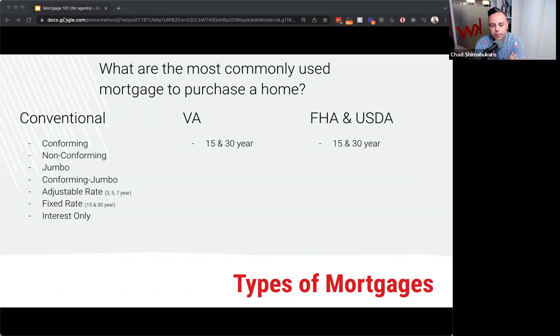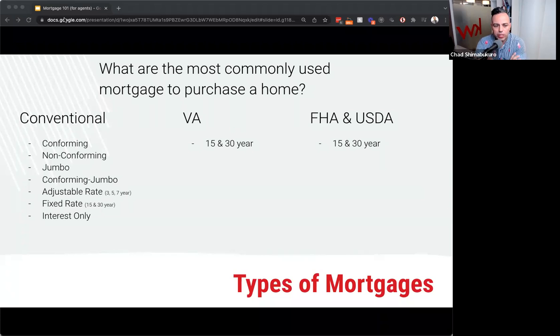And then USDA, yes, it's the beef people. Their loan is a rural loan, so it's meant not for the densely populated areas, but the areas outside of that. Specifically on Oahu, it would be like North Shore, Waianae, Makaha areas. It wouldn't be in town or the densely populated areas. They also have 15-year and 30-year fixed. A USDA loan is 100% financing, just like the VA is.